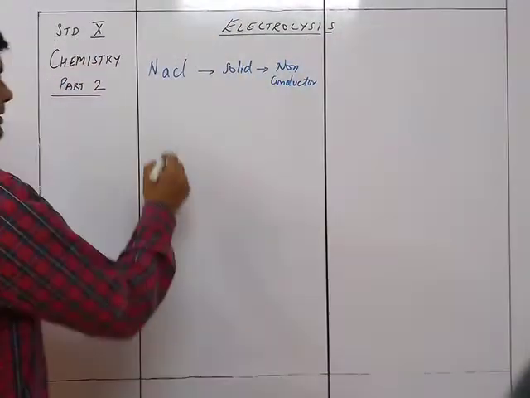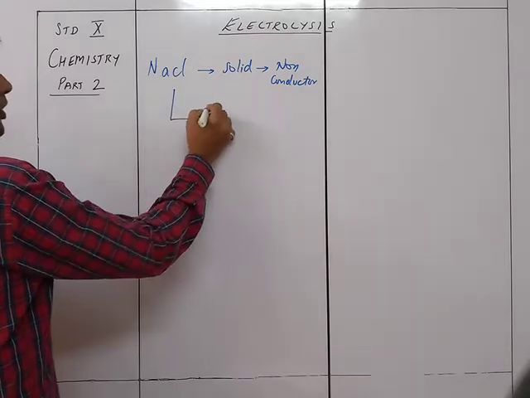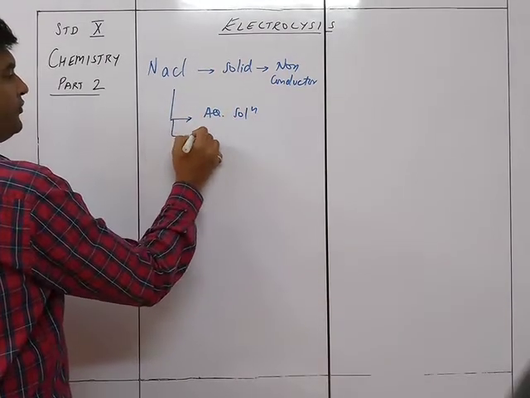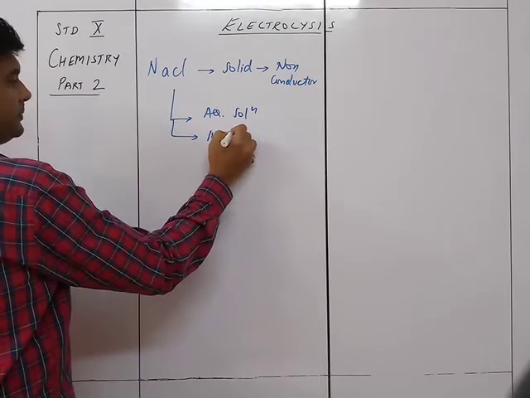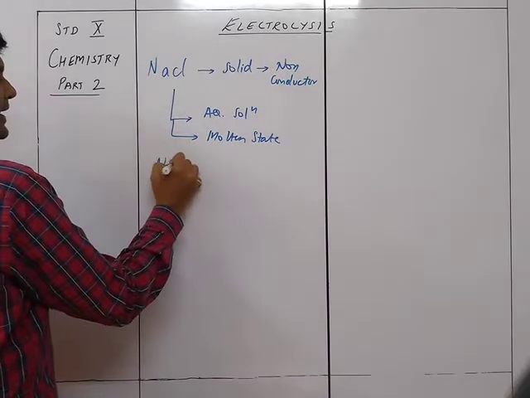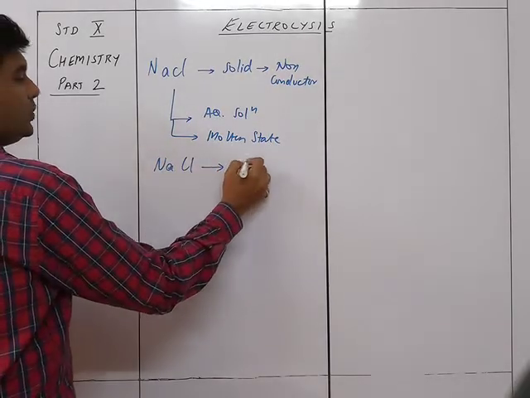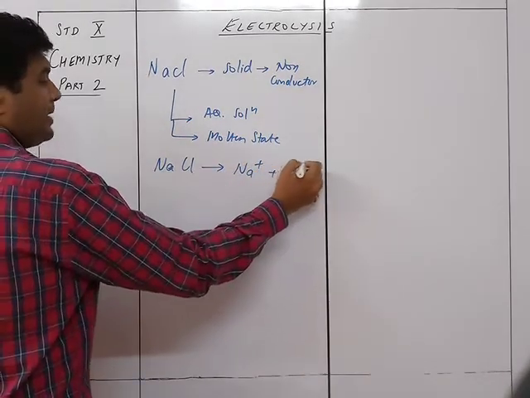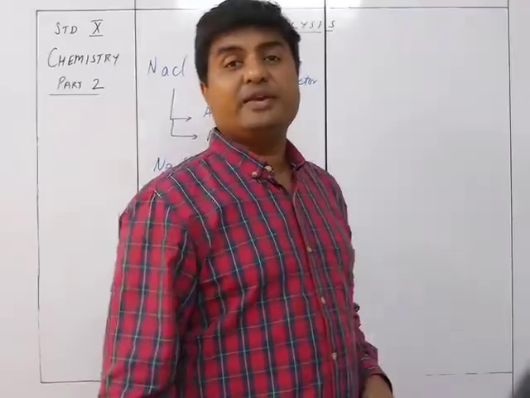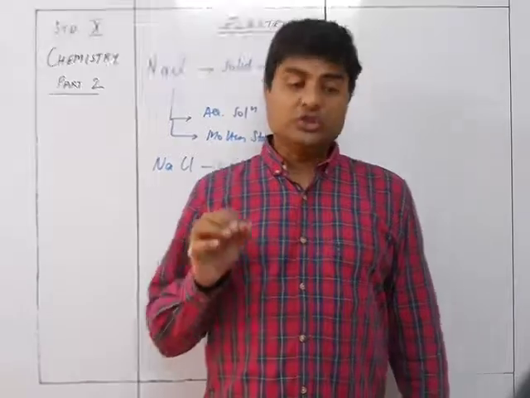But when this is in the form of aqueous solution, or in a fused state, that is molten state, then NaCl forms Na plus and Cl minus, and hence it allows electricity to pass through and becomes a strong electrolyte.